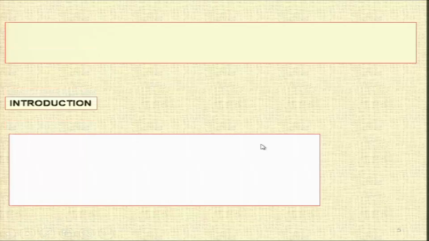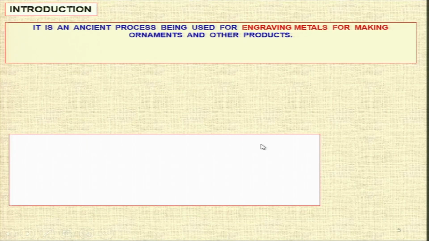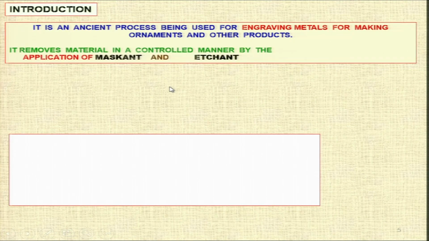Introduction, chemical machining. It is an ancient process being used for engraving metals, for making ornaments and other products, specifically in India. It removes material in a controlled manner by the application of maskant and etchant.